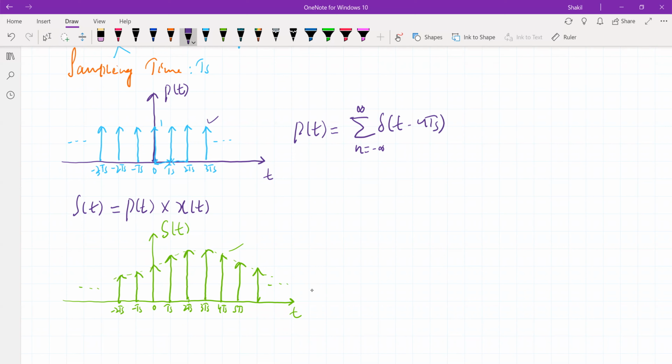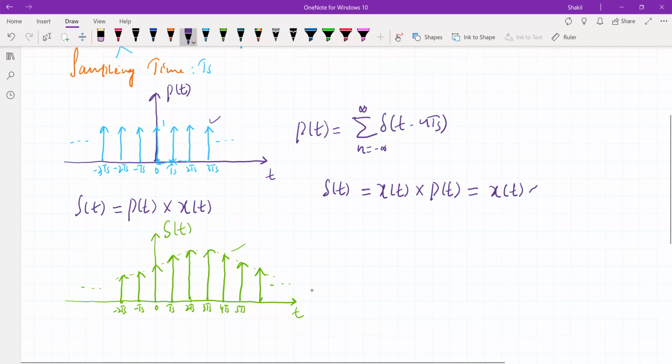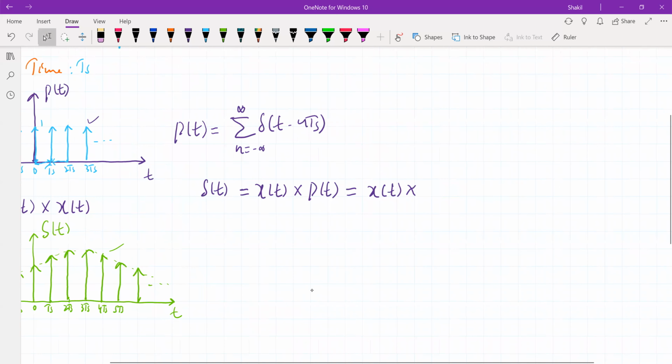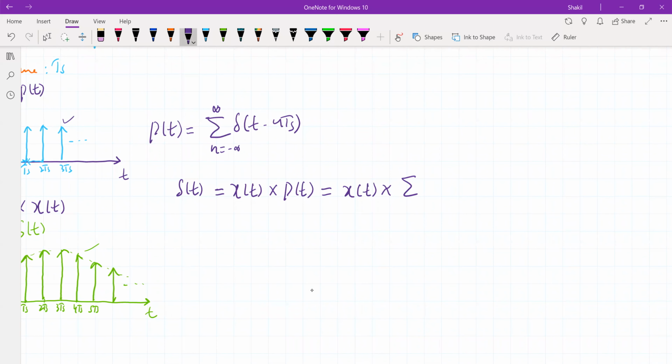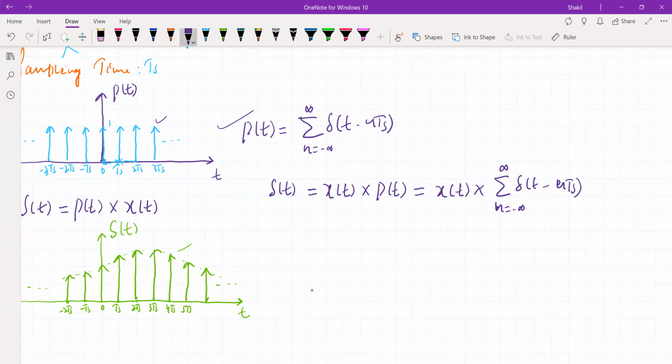Now when you multiply x of t with p of t, and we name it s of t, mathematically it looks like you are doing this operation: x of t times the sum over n from minus infinity to infinity of delta of t minus nTS. If you expand it, it will look like this.